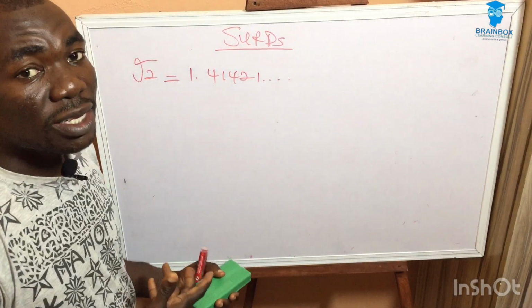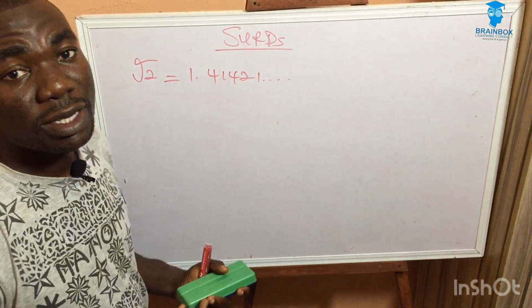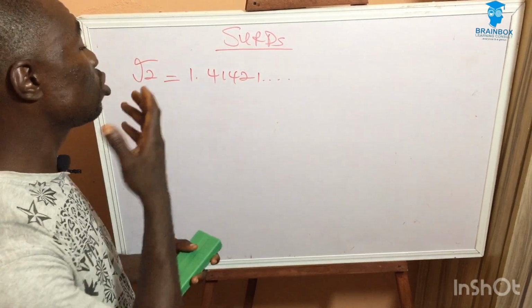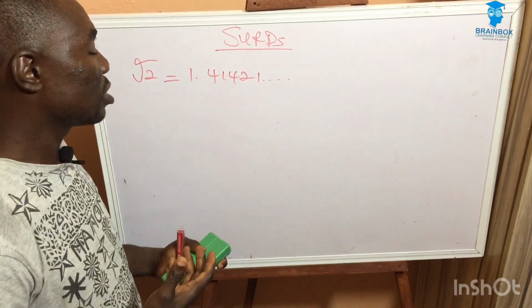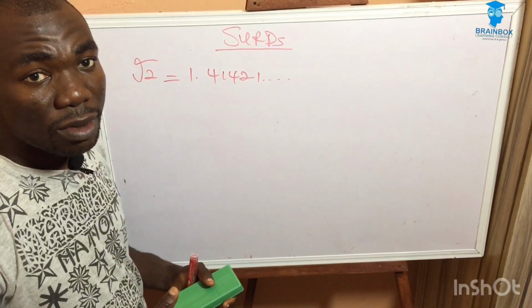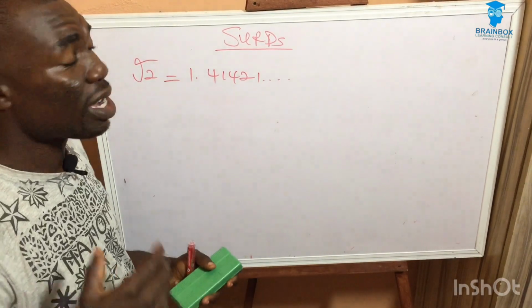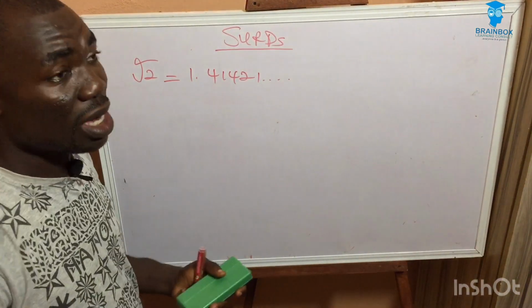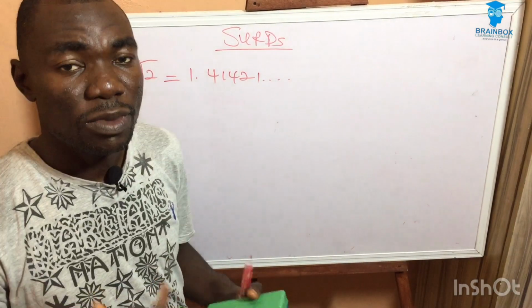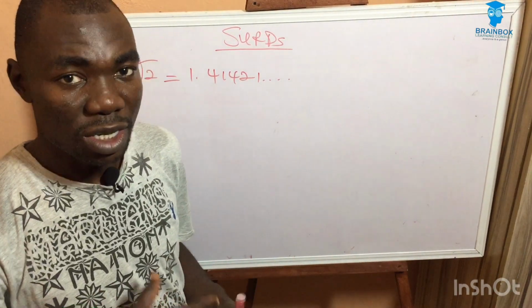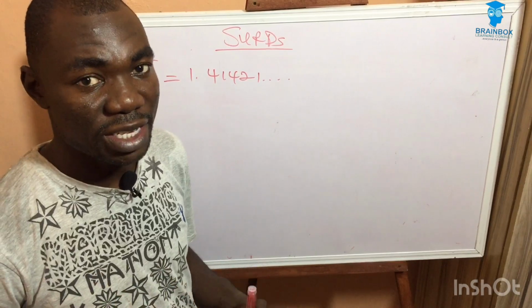So you can see that irrational numbers are difficult to deal with. How do you deal with root 2, which equals 1.41421? It's cumbersome, and we can have this multiple times in each question. But with the help of surds and their rules, they become very easy.